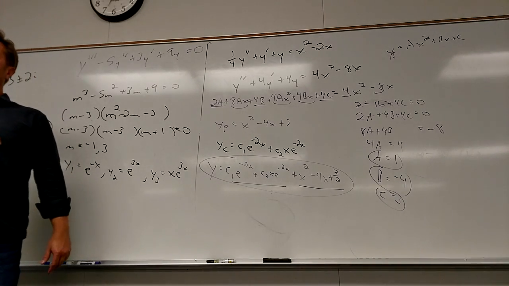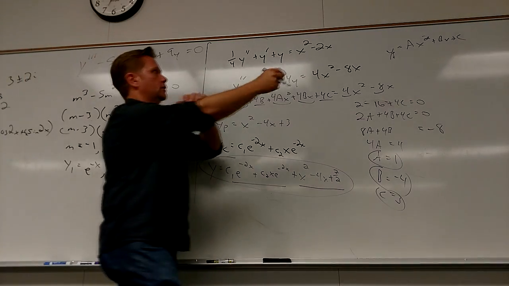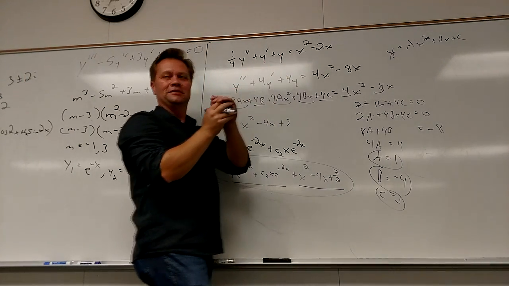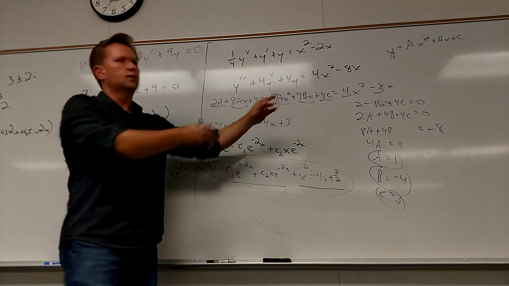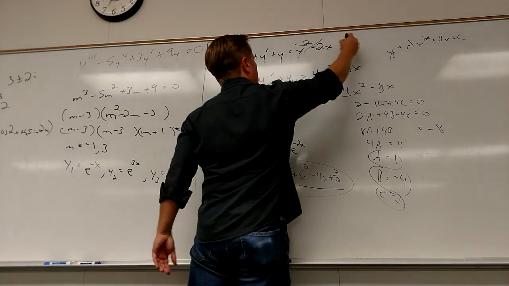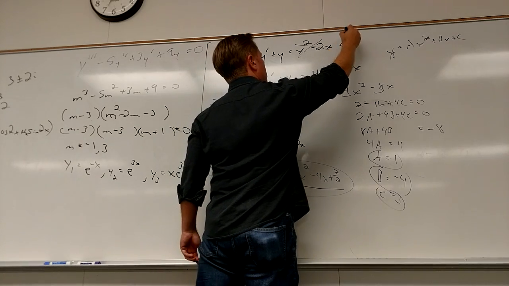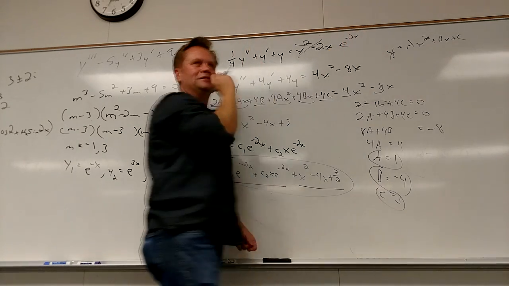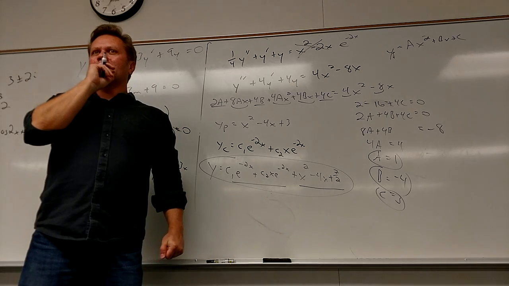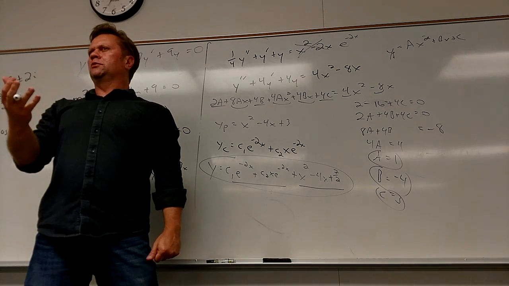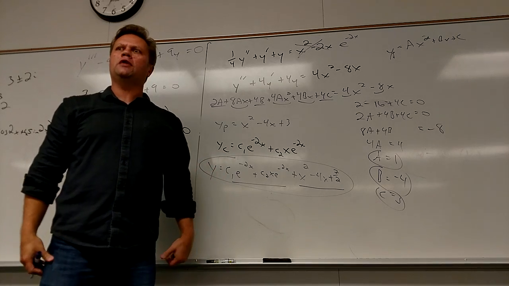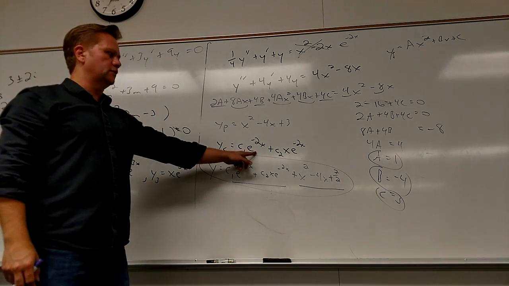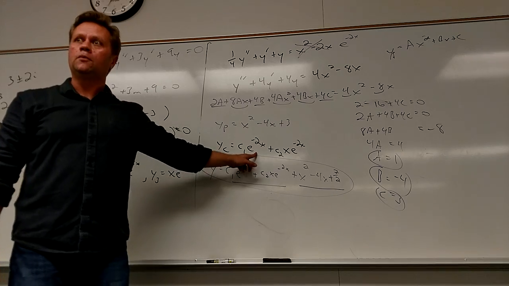One last thing to think about. How did that feel? That should feel relatively good. If this had been e to the negative 2x, I would normally assume the form of the answer would be a e to the negative 2x, but why could I not do that? Because any constant times e to the negative 2x would make it equal to 0.